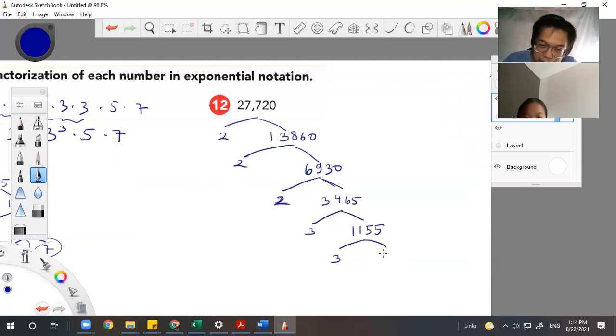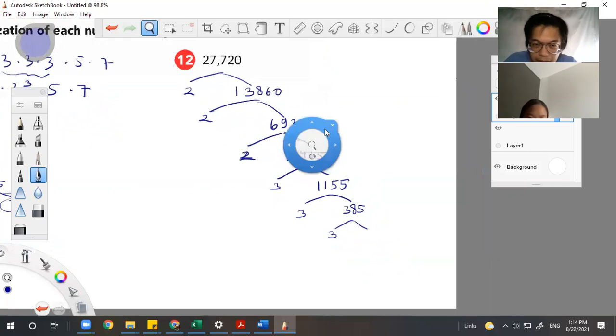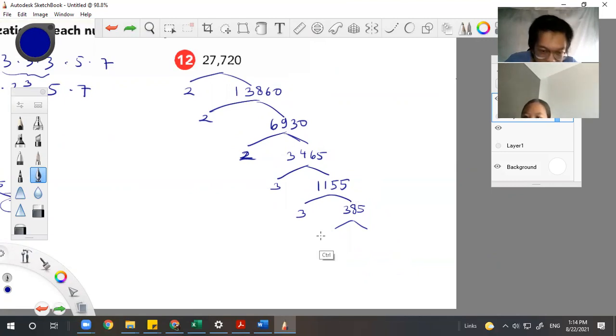That's all. 385. Oh, okay, it still can. Okay, nice. And then, can you divide this by 3 again? Can't. Okay, so 5 because it cannot be 4. What's the answer? 77. Okay, 77 is simple already now. 7 and 11, right?